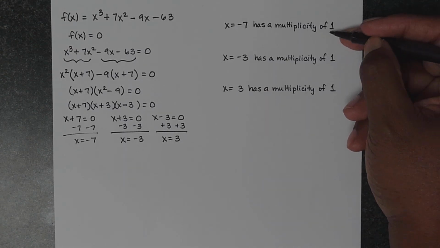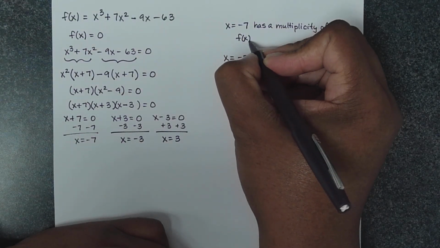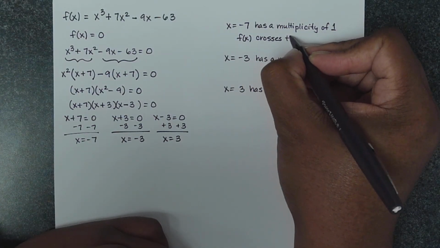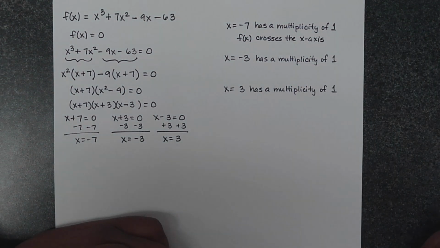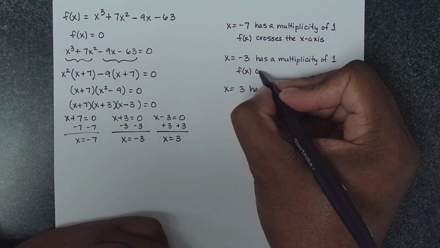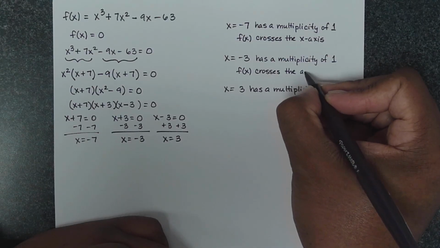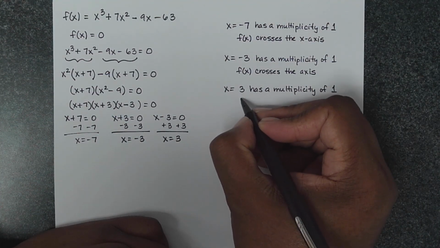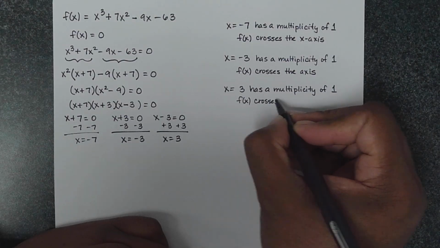So for each one of these zeros, starting with x equal negative 7, the graph of the function f of x crosses the x-axis. At x equal negative 3, the graph of that function also crosses the x-axis. And at x equal positive 3, the graph of that function crosses the x-axis as well.